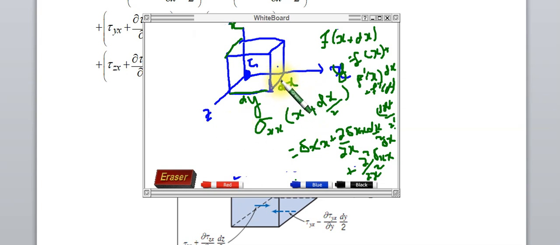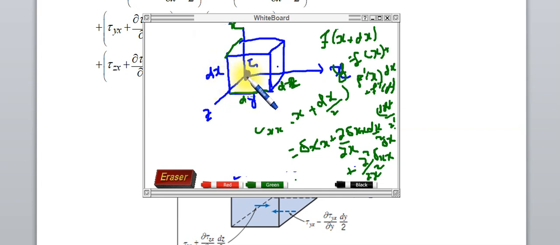This is parallel to the z direction, so this is dz. So this is dy, this is dz, and this is dx.